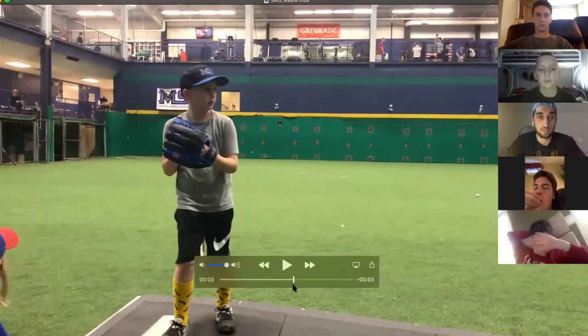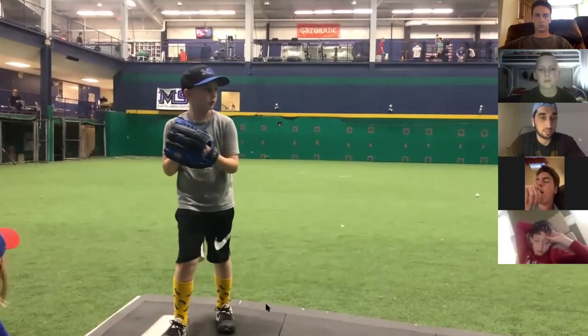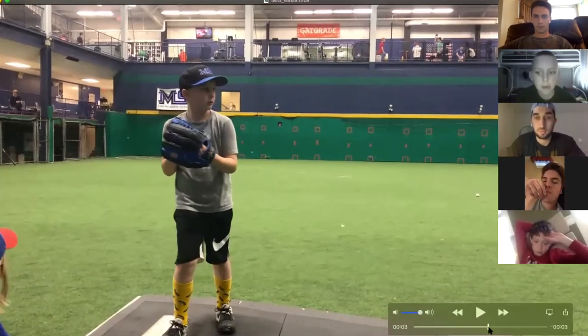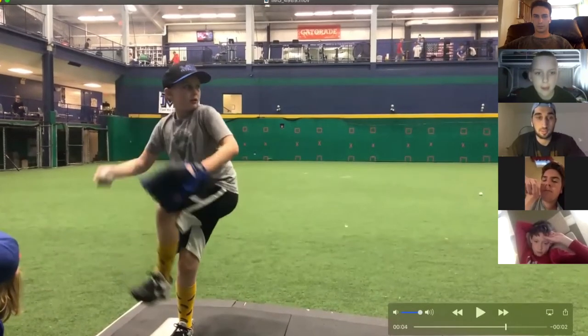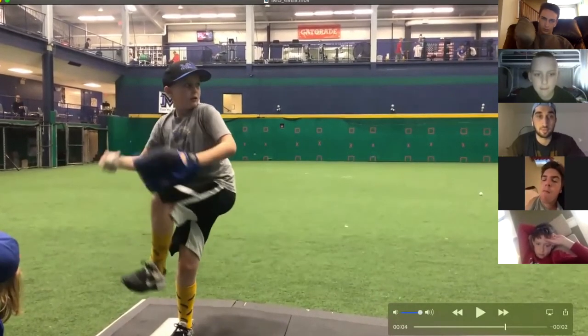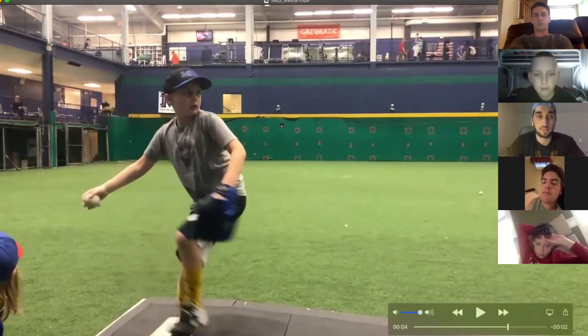So we'll start with Carter's lower half here. Let's pull that out of the way. All right, so Carter, as he starts to come down the mound, not a lot of drift with that leg lift.